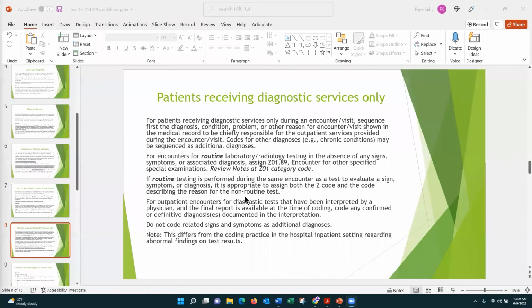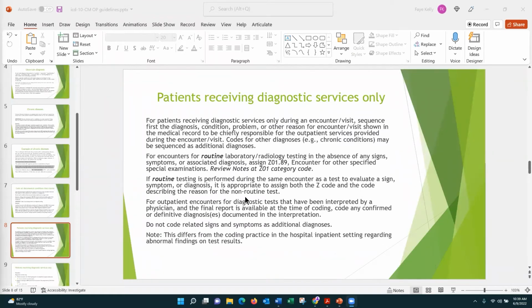I want you to see the instructional notes there. And remember, if you follow the instructional notes, it typically tells you the specific diagnoses, what to include in the diagnosis coding that you are doing.